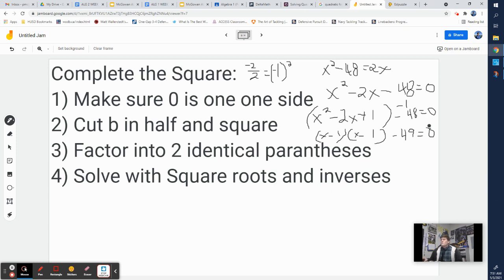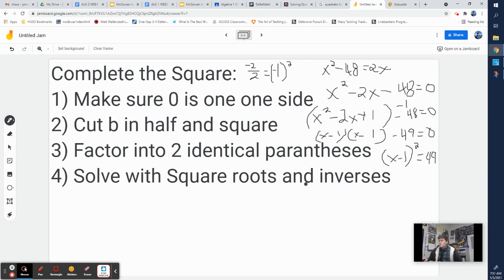Okay, so first, let me just do one last thing. You know how I have two of these and they're identical? Let's put it together with one exponent of squared to make it a little simpler. X minus 1 squared. And then I'm going to jump ahead and work with some of this inverse. I'm going to move that negative 49 to the other side, which just makes it positive 49, right? Just adding it to the other side.